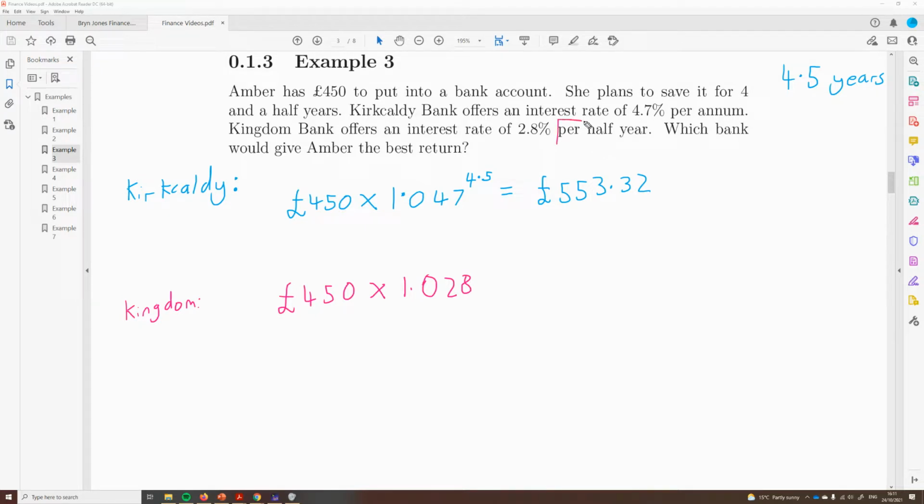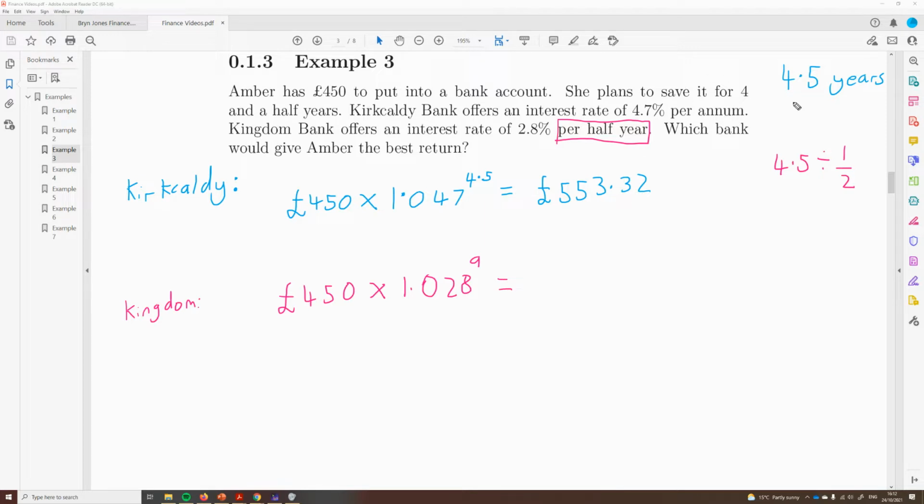This interest rate is per half year. So in other words, how many half years are there in 4.5 years? Just make sure you're happy with that distinction there.